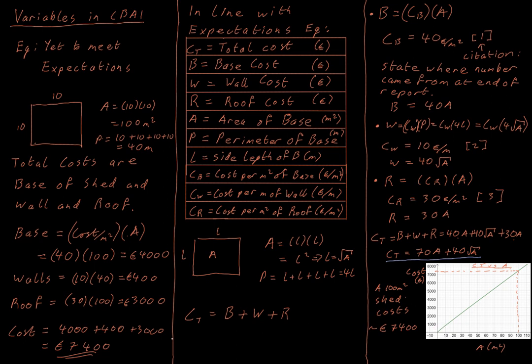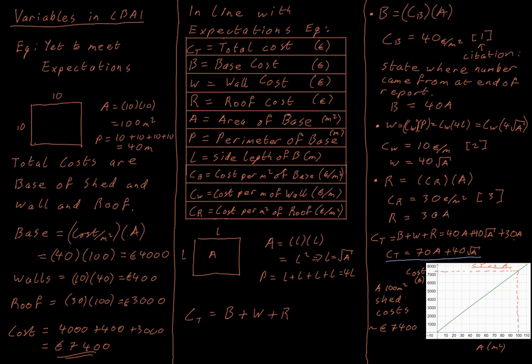And to compare to my original situation, I go to 100 on my area axis and go up to my green line and across, and I get about 7,400 for the cost of my shed that would be 100 meters square. So I get basically the same answer, but I have shown it algebraically.